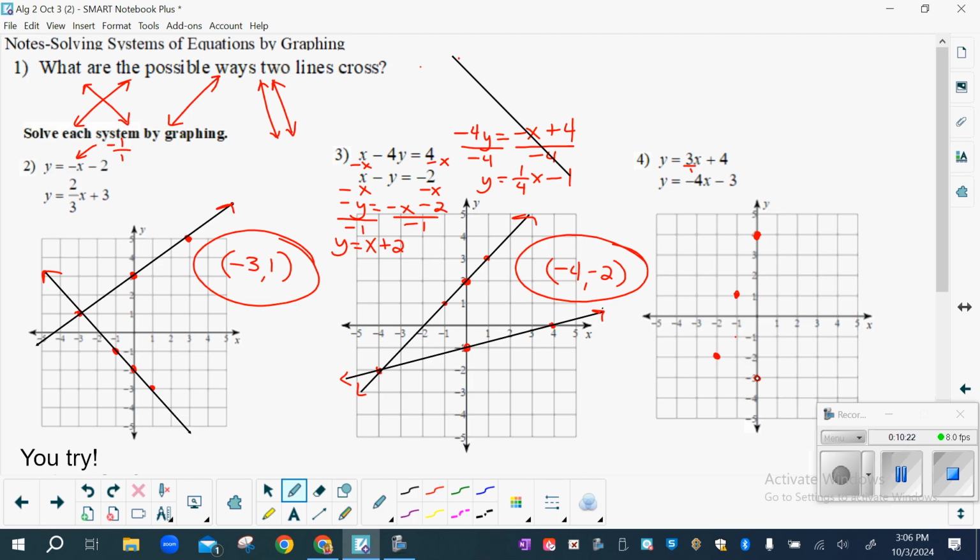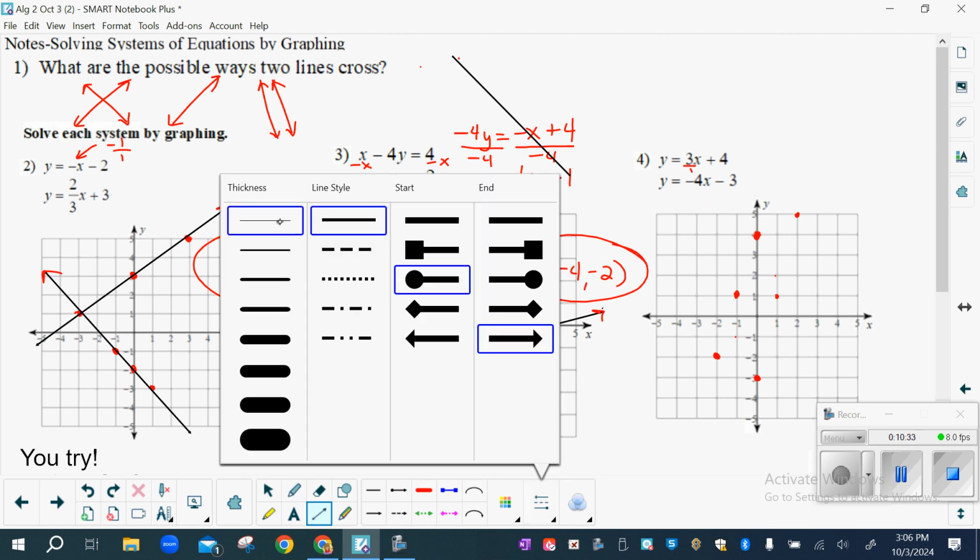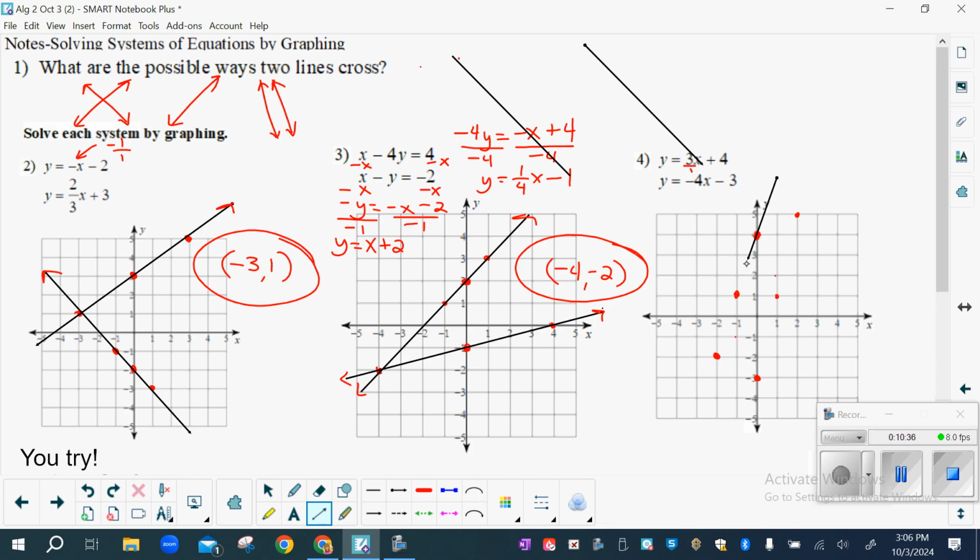And then I'm going to go up 1, 2, 3, 4 to the right 1. And my 2 lines. Up 4 to the left 1.